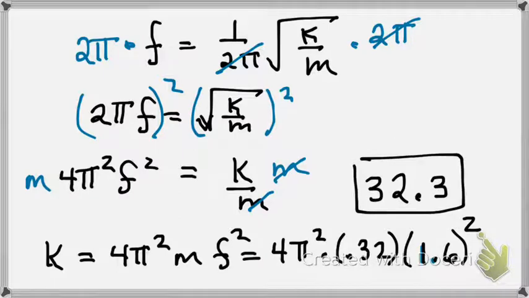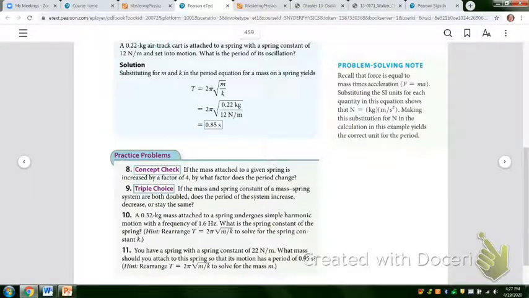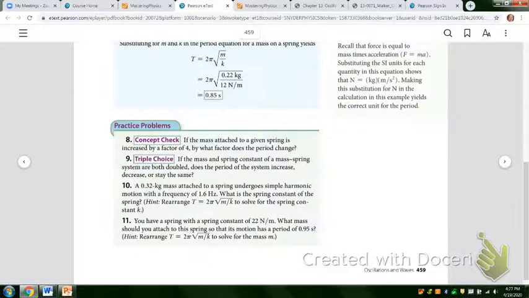All right. Next on that same page, we have example 11. It says you have a spring with a constant of 22. What mass should you attach to the spring so that its motion has a period of 0.95 seconds? Here's our formula again, and this time they give us T, so this is a good formula to use, and they're asking us to solve for m.